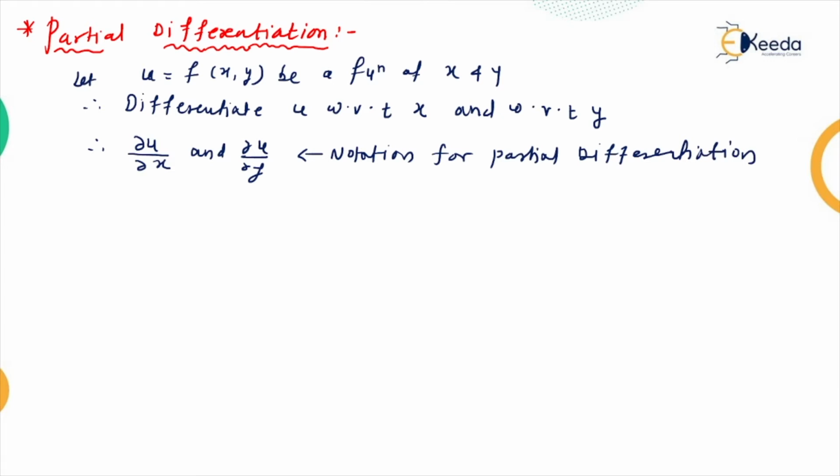Here u is a function of two or more variables, denoted by u = f(x, y), and the partial derivatives are ∂u/∂x and ∂u/∂y. Partial differentiation is nothing but ordinary differentiation.